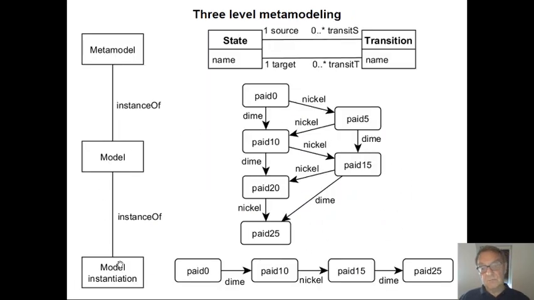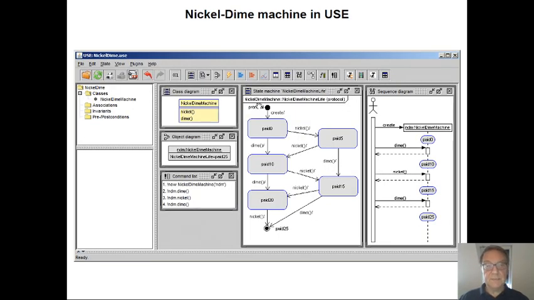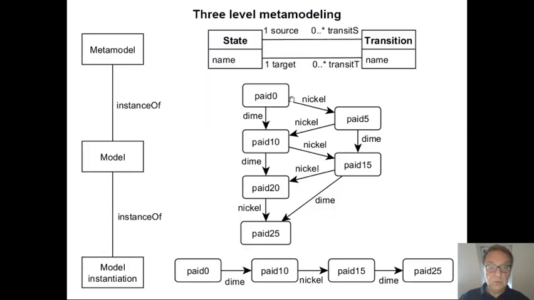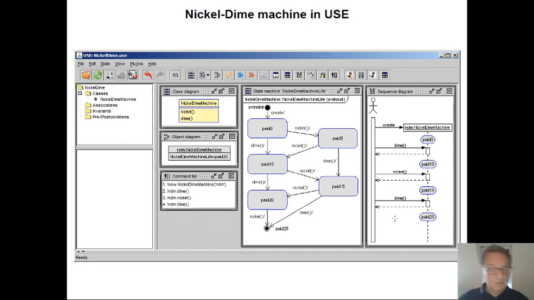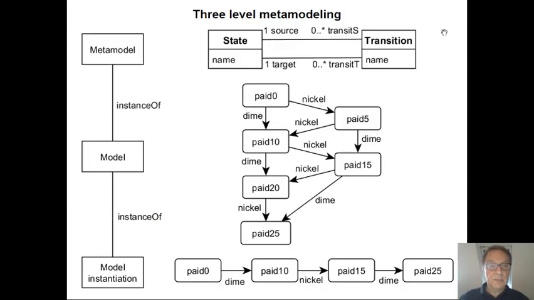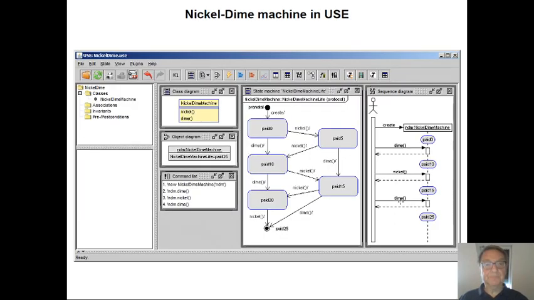So roughly speaking, the two lower levels have been represented here in this use model. There is another way to represent this state machine, namely a way to consider now this as a model and to consider this as the instantiation.